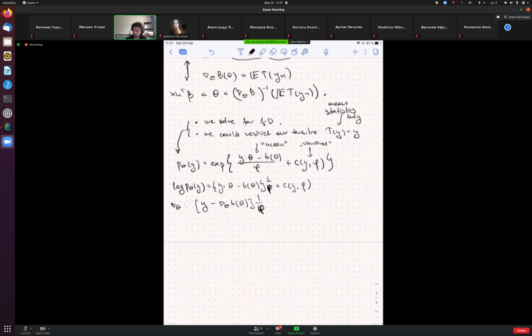And we know that the expectation of this guy is equal to 0. So then we could model the parameter theta to be equal to this function.